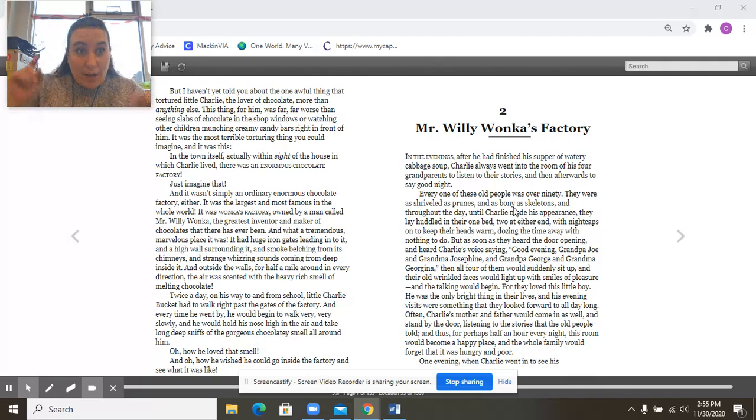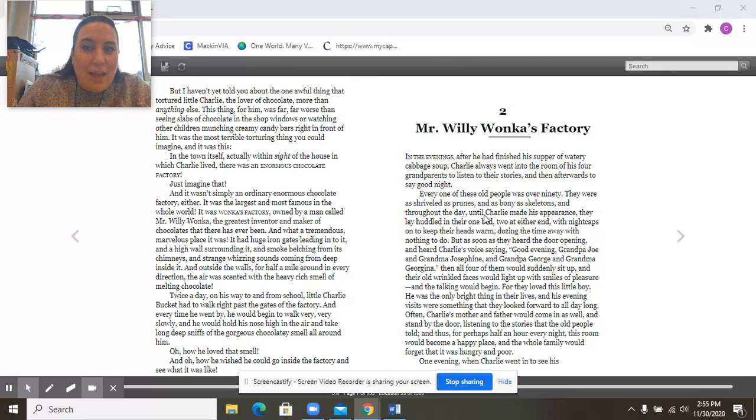They make sure that you can have a picture in your mind as you're reading. Those are both similes. They compare using as. It would be a metaphor if they just said that they were prunes. So there's no as. When he says they're as shriveled as prunes, that's a simile. So they're comparing their skin to wrinkly prunes and their bodies as bony as skeletons.